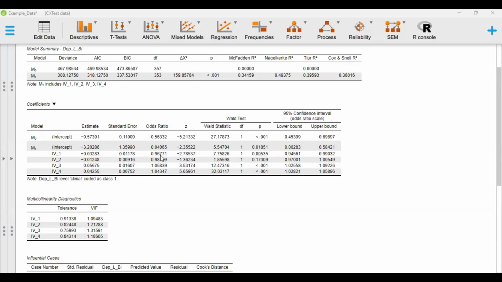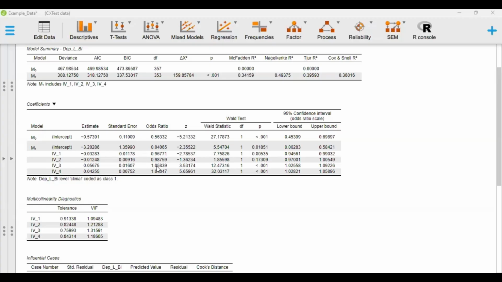So this odd ratio that is less than 1 and is significant represents a reverse or negative prediction. That means that higher levels of this IV can predict a lower possibility of the DV, that is a clinical level of depression.